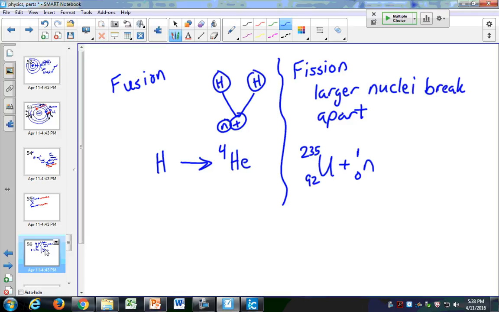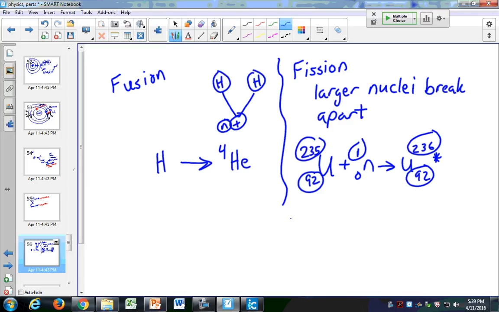And then this gives us U-236, 92. So notice that my numbers here are all conserved. They all add up, right? But this is in an excited state. So often we'll write a little asterisk there to say that this thing has more energy than it had before, because I've now taken on this neutron and it brought energy to this system.